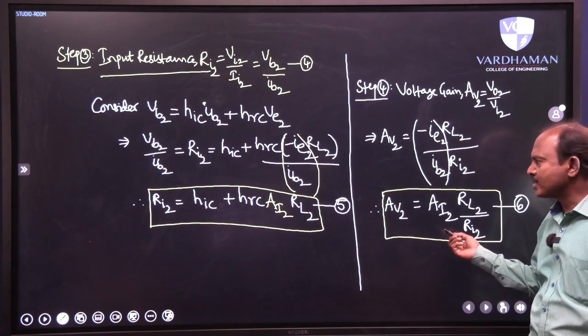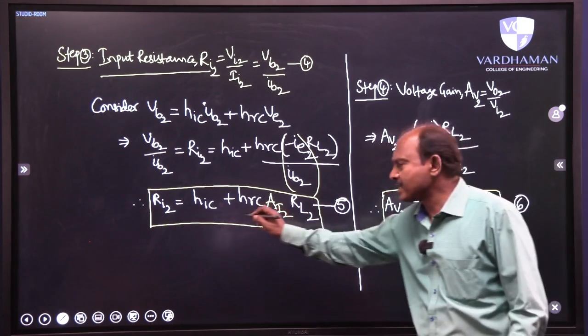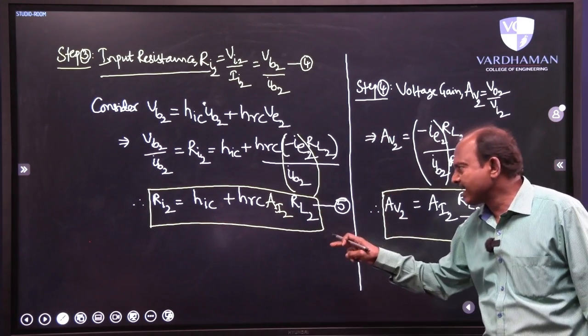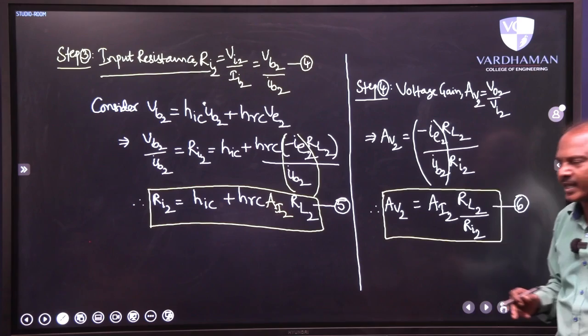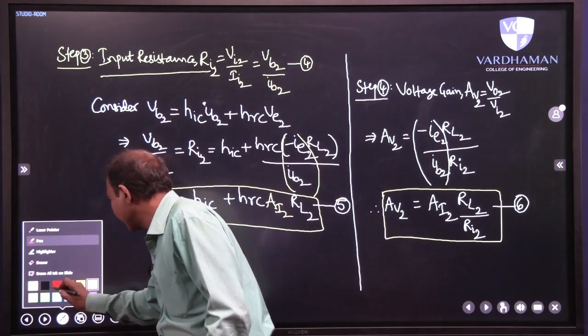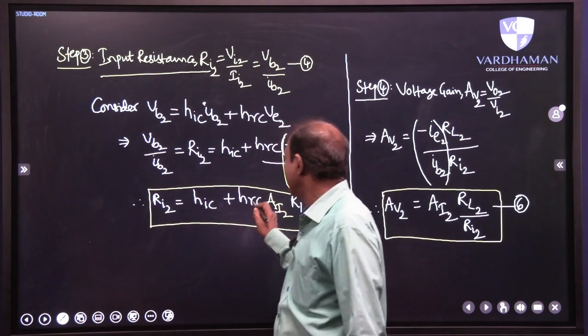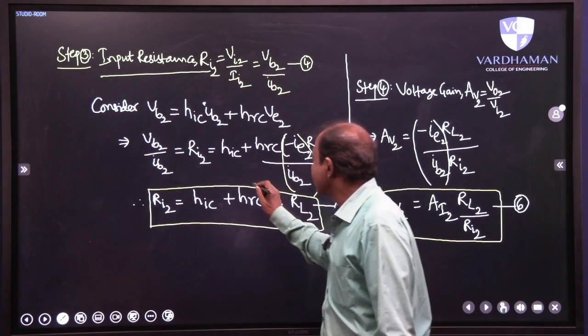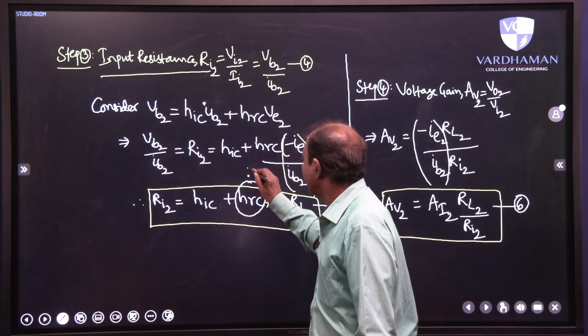We can approximate this voltage gain from this input resistance. We can go for some simplification, and that simplification will help us to approximate this voltage gain. Look at the input resistance equation here. If you carefully observe, we know from the typical values of H parameters, HRC is 1.